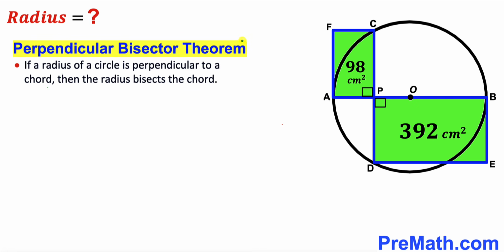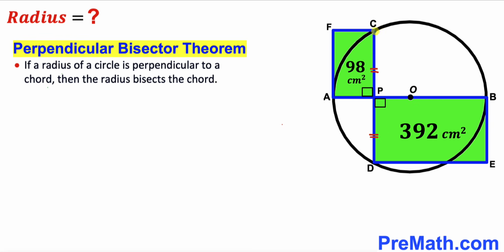So we are going to recall the perpendicular bisector theorem. According to this theorem, if a radius of a circle is perpendicular to the chord, then the radius bisects the chord. So no wonder this diameter AB bisects this chord CD into two equal parts.